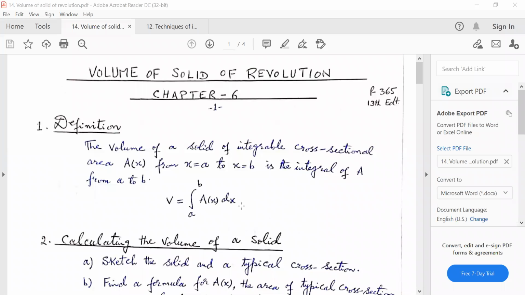So we slice our total volume into these thin cylinders. dx is the height of the cylinder, and A(x) is the base area. The base area into height gives you the volume of a slice. And if you wish to have the total volume, we integrate it between the limits, initial limit to the final limit.